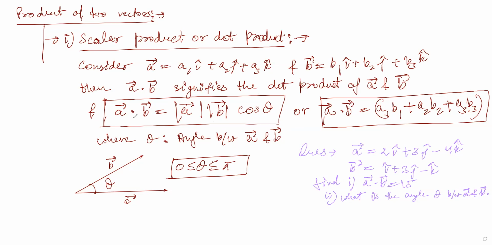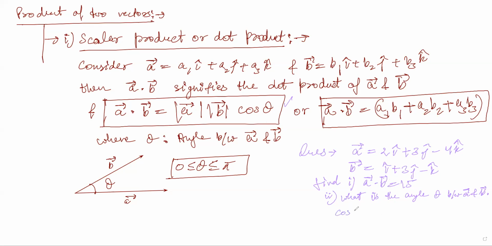So you do know A dot B, and you also know the vectors A and B, so you can find out the magnitude of A and the magnitude of B. Using this formula, you can find out the value of cos theta and the value of theta as well.